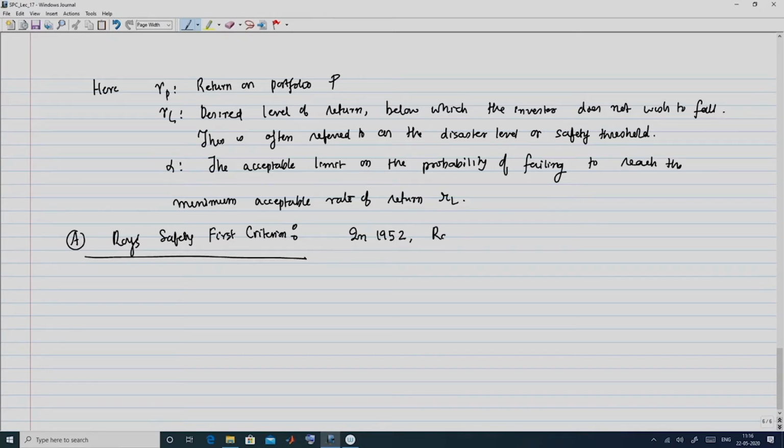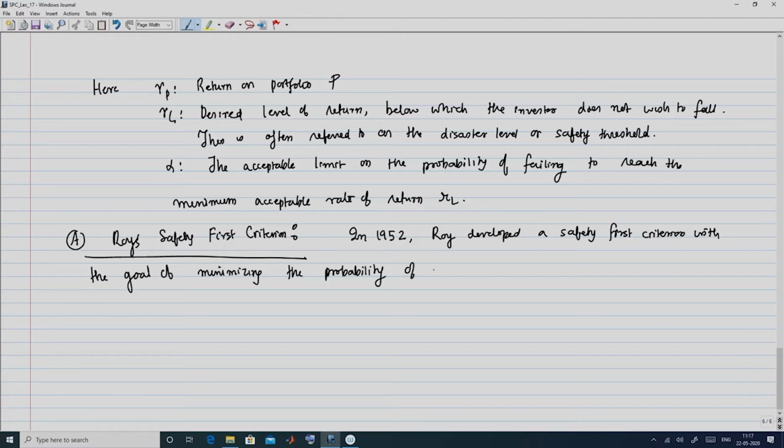In 1952, Roy developed a safety first criteria with the goal of minimizing the probability of earning a disaster level of return, or what is known as the safety threshold.